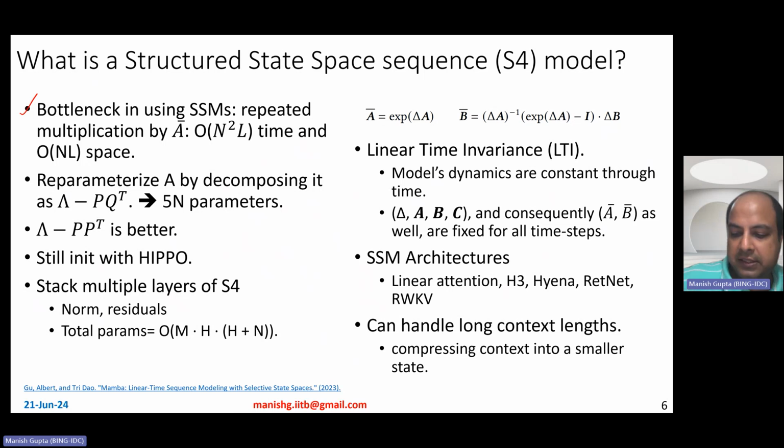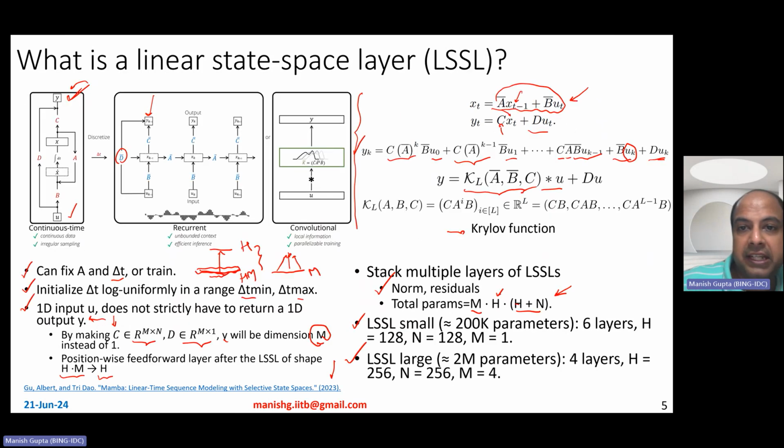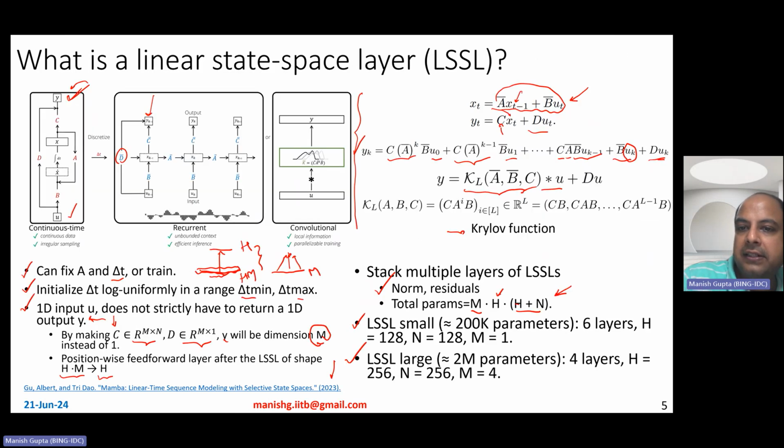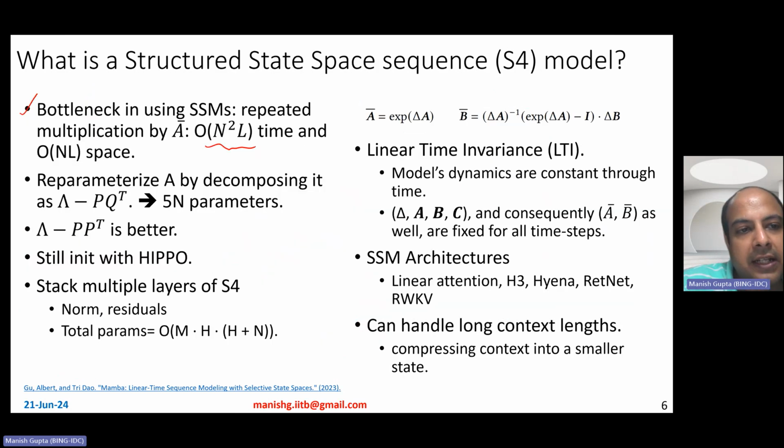This A bar matrix, which is a discretized version of A, is large, and this repeated multiplication causes n square L time. Essentially you have to multiply L different times just to get these matrices, and they are n squared, therefore n square L time and NL space, right?